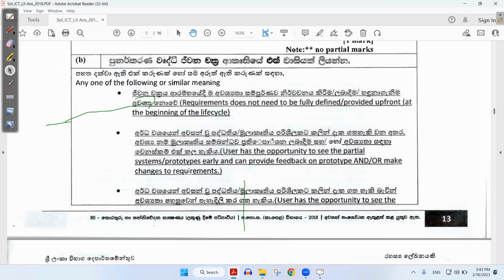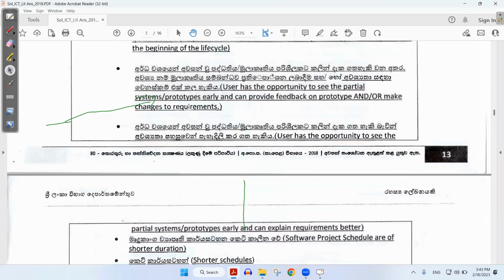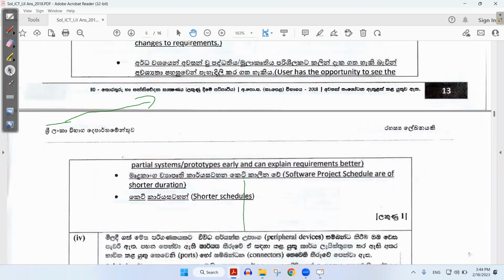So 1 mark if any of these ideas are in your answer. Right. And let's see whether they put some more. Yes, it has more options as well.